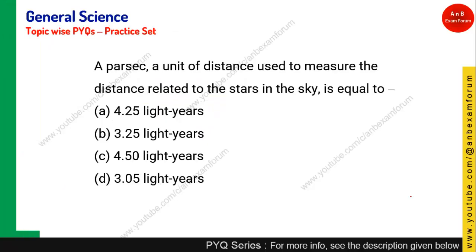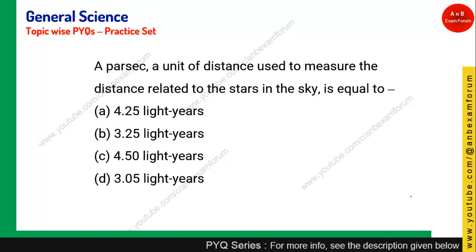Let's see the next question. A parsec, a unit of distance used to measure the distance related to stars in the sky, is equal to what? Again, you should know that parsec is another unit of distance, but this is an astronomical unit, which is used to measure distances that are very huge.